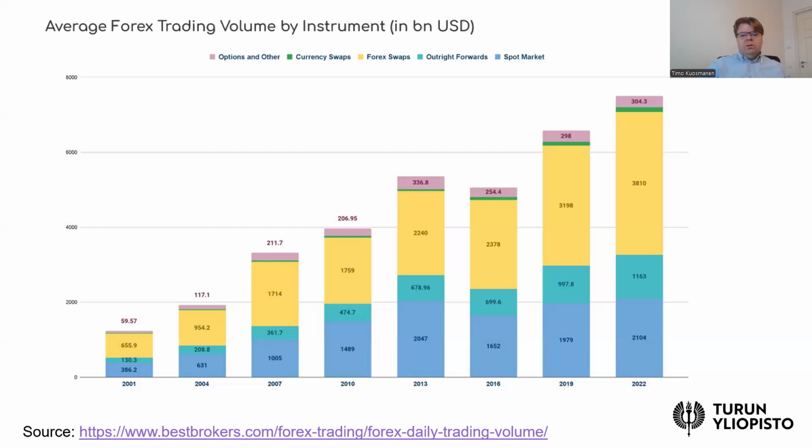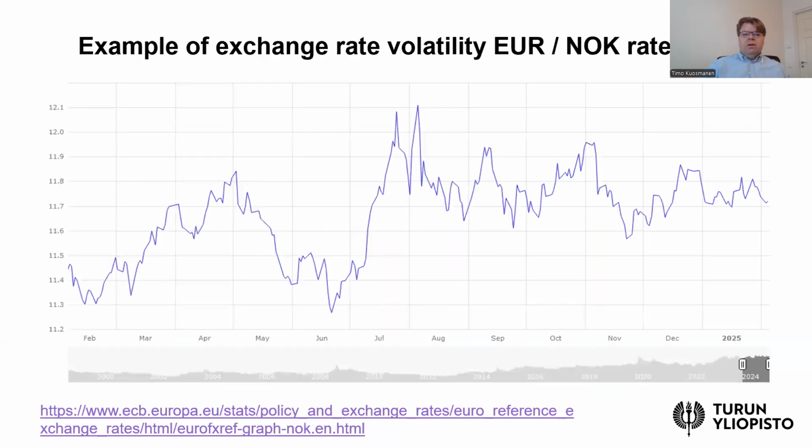So just as an illustration, let me plot here the exchange rate of the euro relative to the Norwegian crown, indicated by NOK. So this is the end of 2024 and 2025. So notice how volatile the exchange rate of a relatively small currency like the Norwegian crown has been relative to the euro, and in a relatively short amount of time of about 1 year, there have been so many sudden ups and downs.